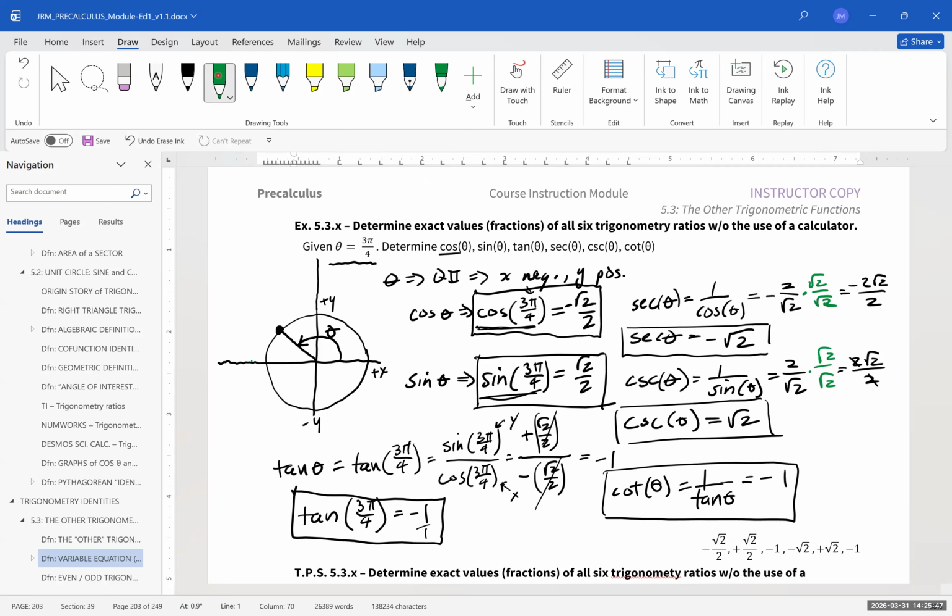And so if I draw the line tangent through that point, we have where the tangent intersects the x-axis there, and where the tangent line intersects the y-axis there. And remember, this value here is the tangent of our angle, and this value here is the cotangent of our angle.